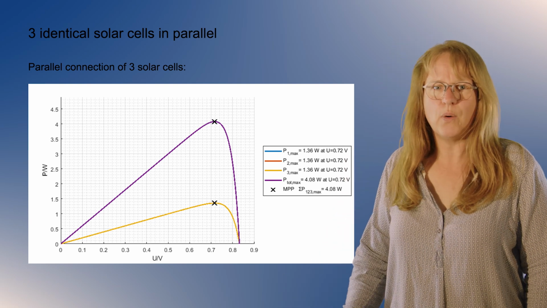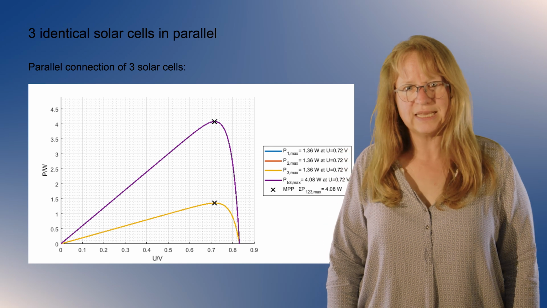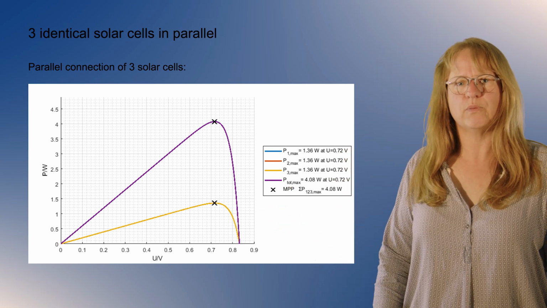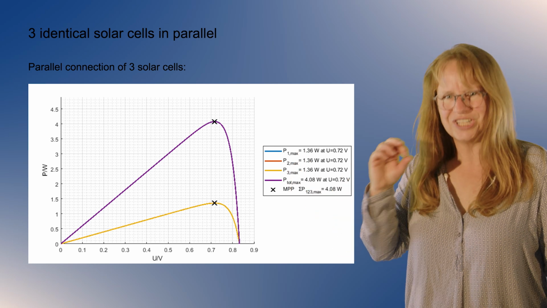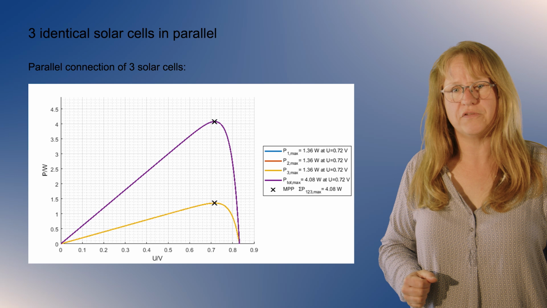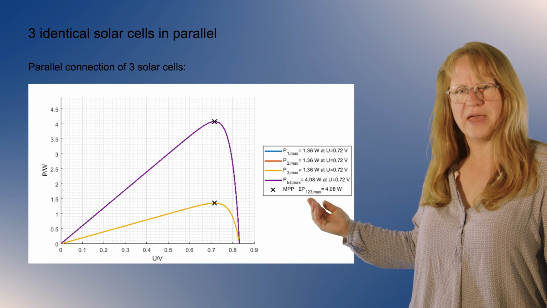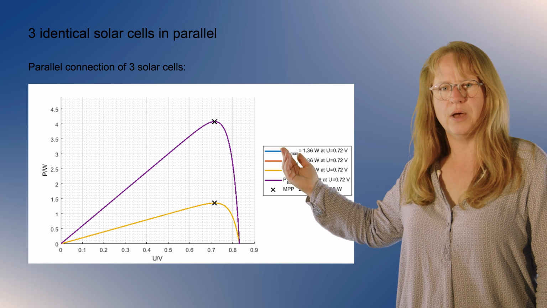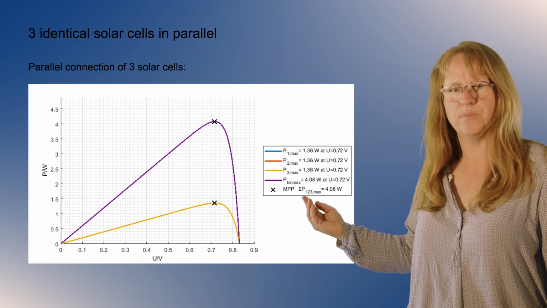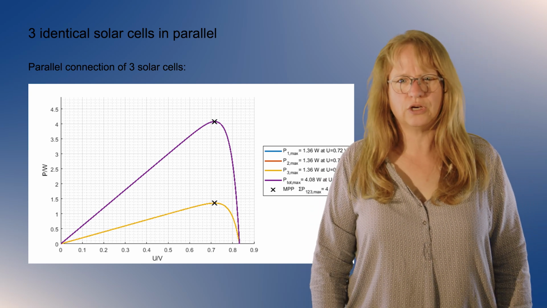And regarding the power, we get 1.36 watts for each of the solar cells and a total of 4.08 watts then for all three cells in parallel. And also, if we compare this now, the sum of P1 max plus P2 max plus P3 max, that is the sum here, P123 max is also 4.08 watt.